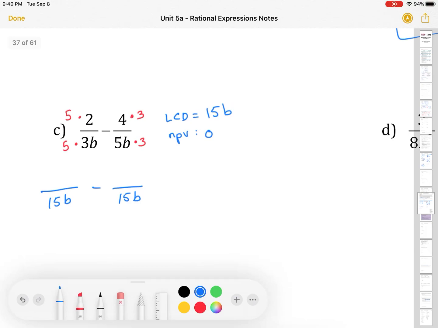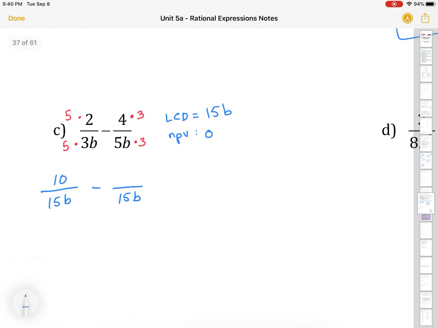And when I do that, I get 5 times 2 is 10, 4 times 2 is 12, and now I can do my subtraction. So it's all over 15b. 10 minus 12 is negative 2 over 15b, and b is not equal to 0.